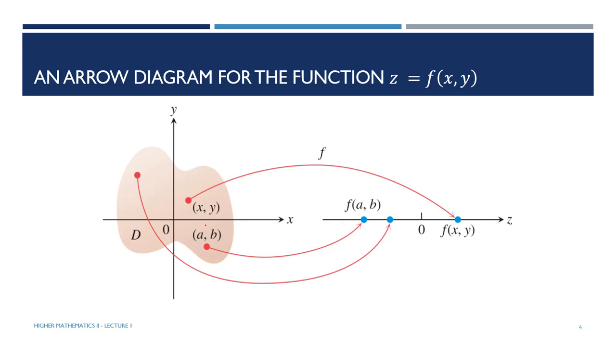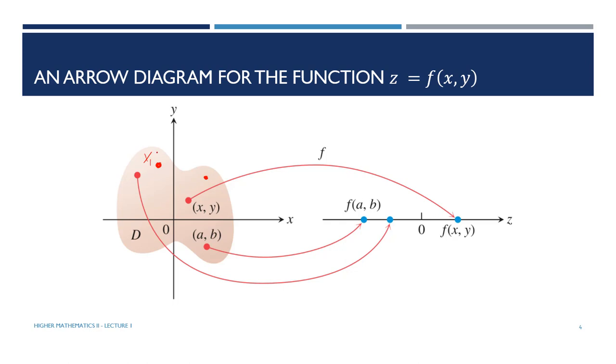As you may see here, we can choose x and y whatever we want. This is the x-axis and this one is the y-axis. I can choose from here, I can choose from there. What is this? This is the domain D. I can choose from everywhere I want.